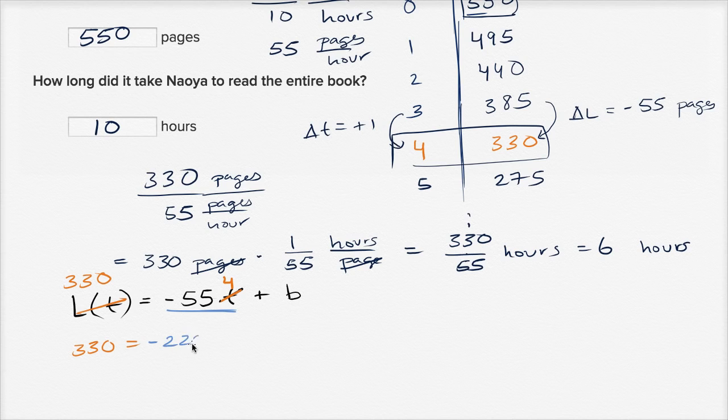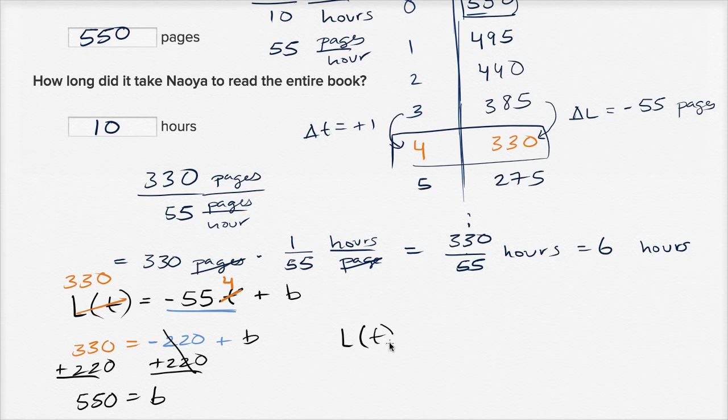Negative 220 plus b, and then if you add 220 to both sides, you're going to be left with, on this side, 550, these cancel out, they add up to 0, is equal to b.